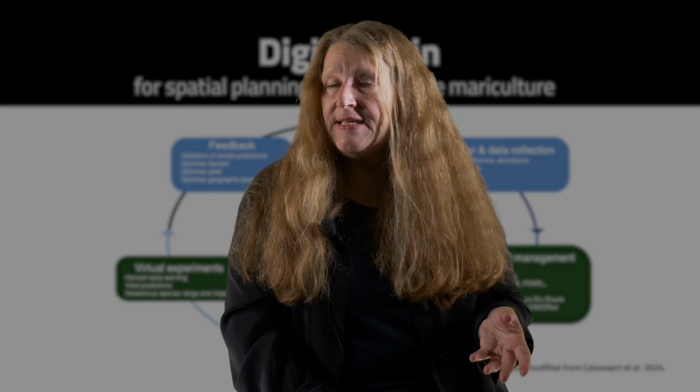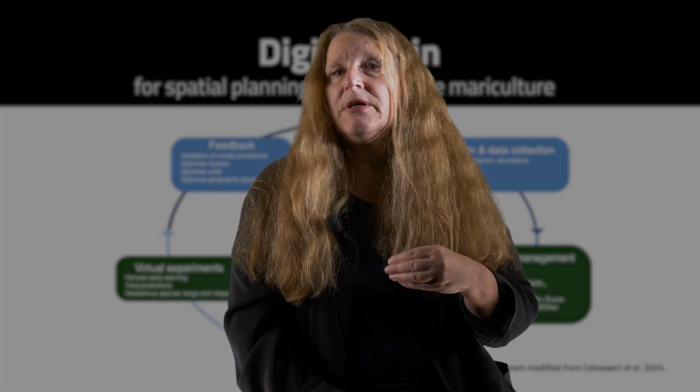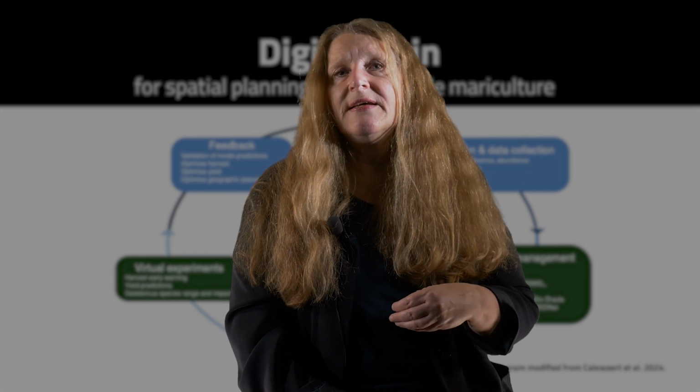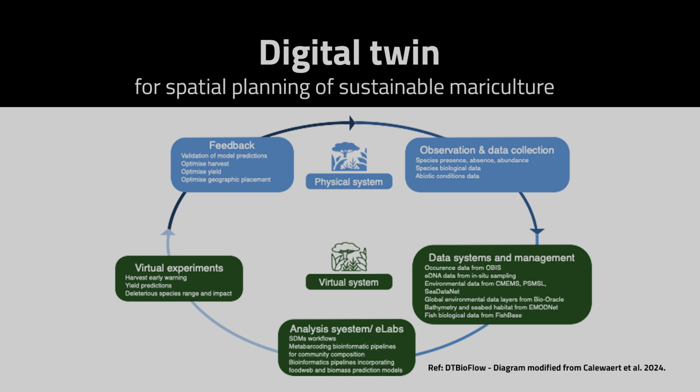You are looking at DNA, etc. And you can also include economic data, etc. And then you play with the system to see the consequences both on the environment around your mariculture, but also on the economic aspects of your mariculture. So this is one example.